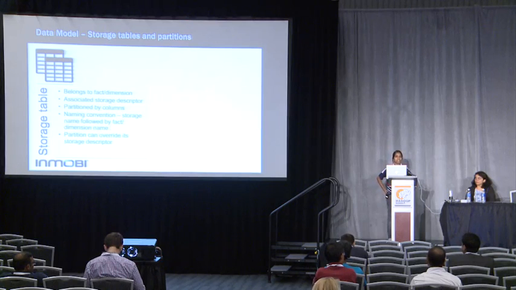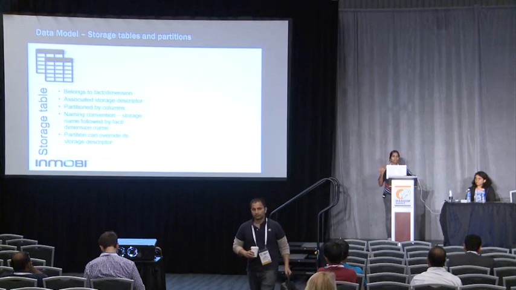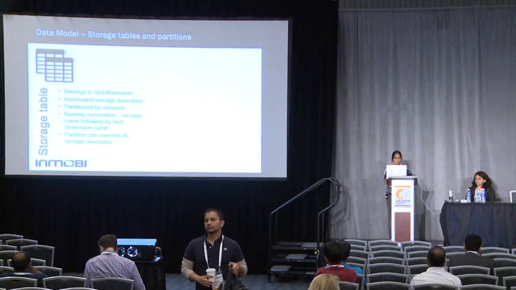Whatever partition columns that you have in Hive, you will be using that here. And this table has a naming convention which says that the storage name is followed by the fact name or dimension table name, so that it will figure out which storage table it has to pick up at runtime.